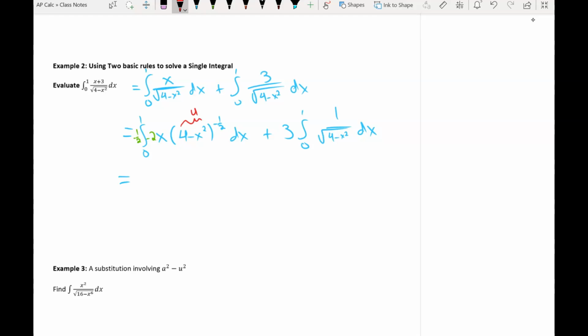You add 1 to the exponent and divide by that quantity. Negative 1/2 plus 1 gives me (4 minus x squared) to the positive 1/2. Then we divide by 1/2, which is the same as multiplying by 2.